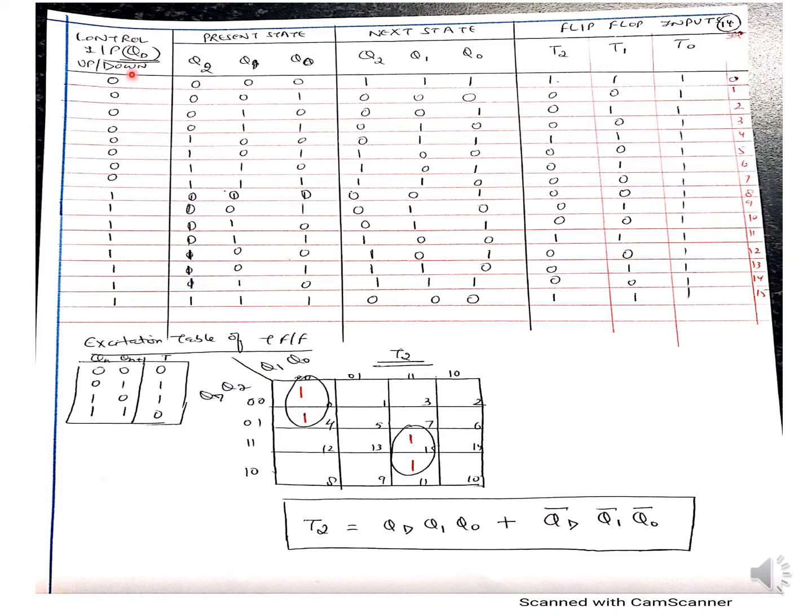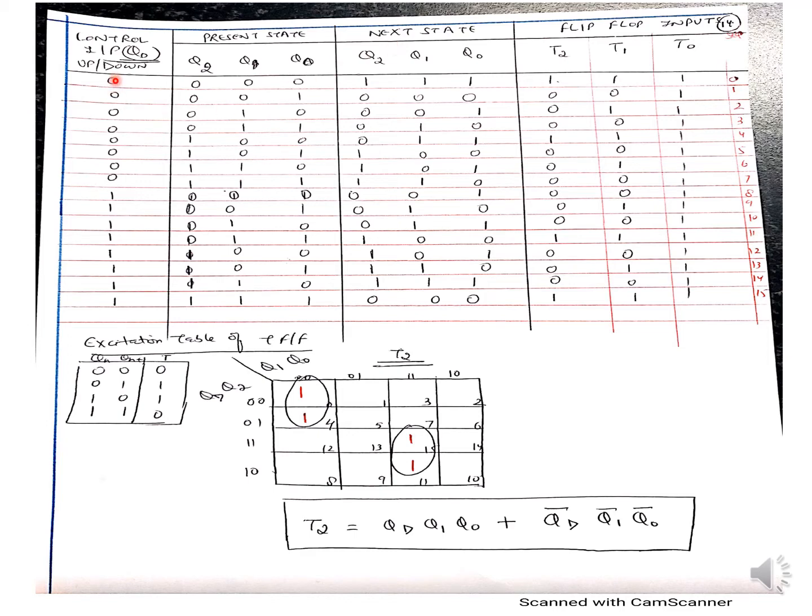Now the thing is, it is an up-down counter. So I have denoted the up-down input with QD. You can use any symbol like UD, U, anything you want. I have used QD, so it is QD, Q2, Q1, Q0. This is the present state and this is my next state.